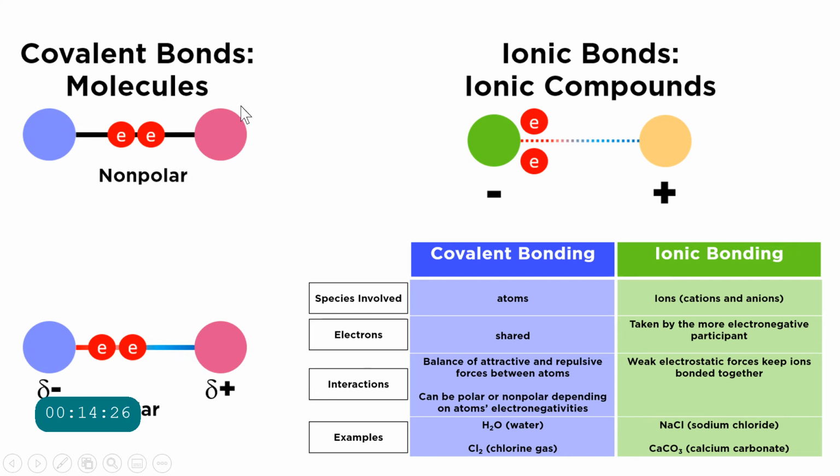While if they both have equal electronegativity, they would just have a nonpolar bond in the center. It would be very balanced. So it can be polar or nonpolar depending on the atom's electronegativities.